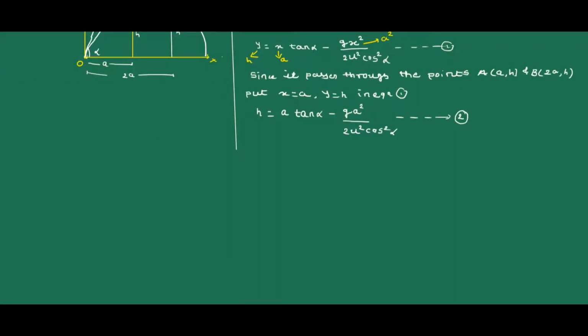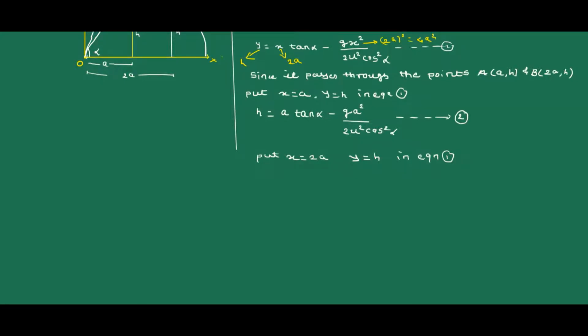Now again put x is equal to 2a and y is equal to h in equation 1. Substitute y is equal to h and x is equal to 2a, so 2a whole square is nothing but 4a square.